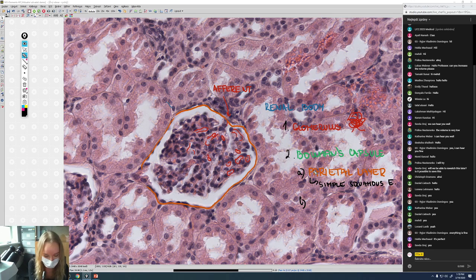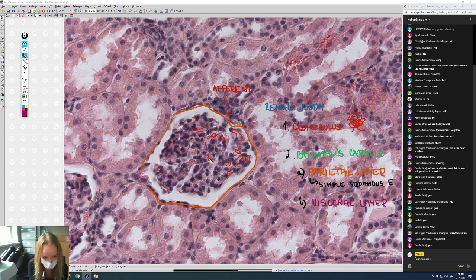And we have another layer of Bowman's capsule, and that is called the visceral layer. The visceral layer is somehow special because you can see right here in this net there are not just capillaries, but many other cells.